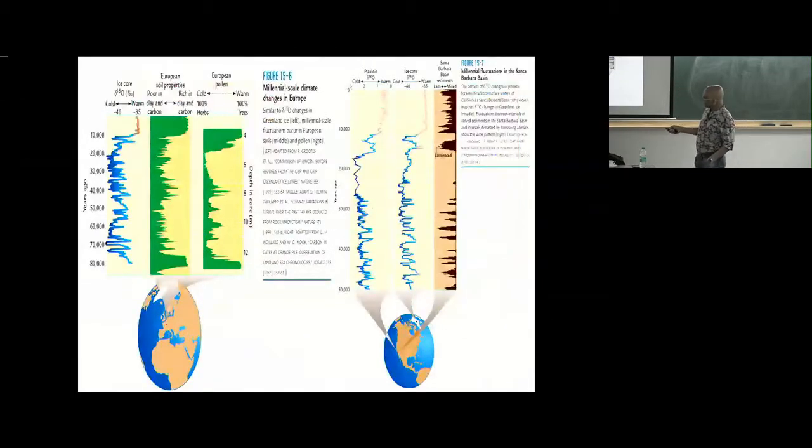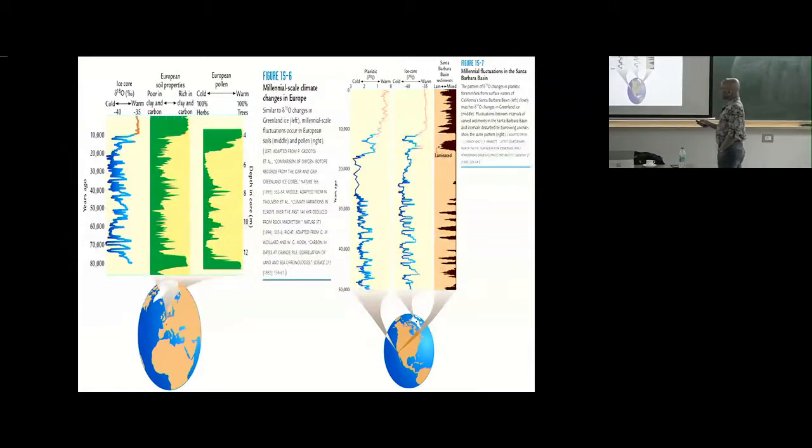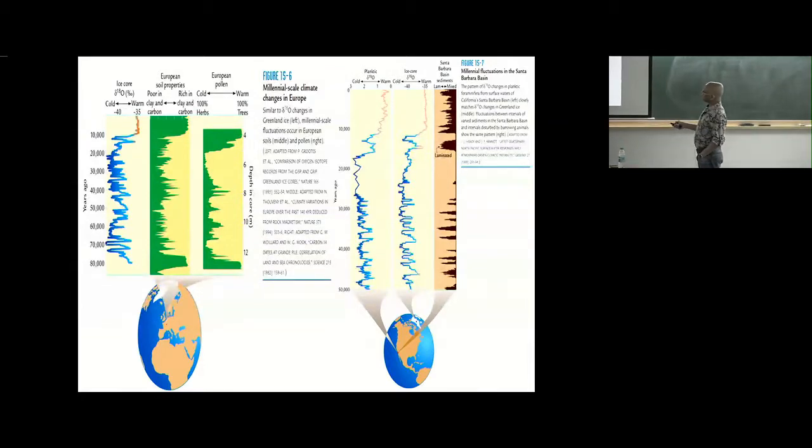This is showing somewhere in Europe. This is again ice core, European soil properties, pollen, in other words, vegetation species, which correspond to changes in temperature. This is showing west coast of the US, so very far away from there, very different climate regime. And it's also showing the species of ocean plankton that correspond to, this is the Santa Barbara Basin sediment.